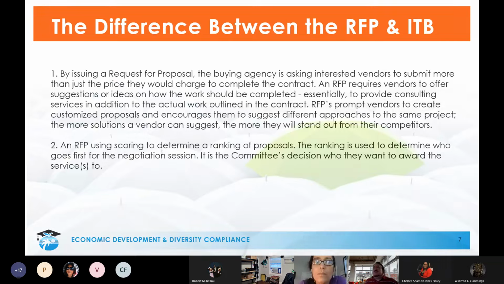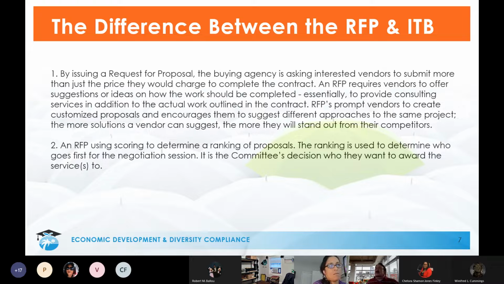By issuing a request for proposal, the buying agency is asking interested vendors to submit more than just the price they would charge to complete the contract. An RFP requires vendors to offer suggestions or ideas on how the work should be completed. So if we basically know that we need an audiologist, you could come back and say, based on the scope of services, this is what we recommend.